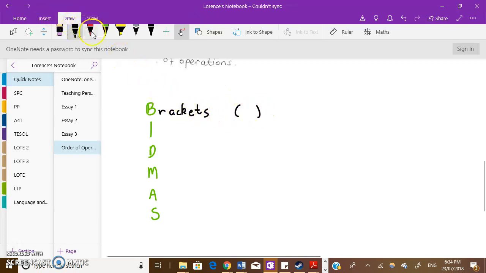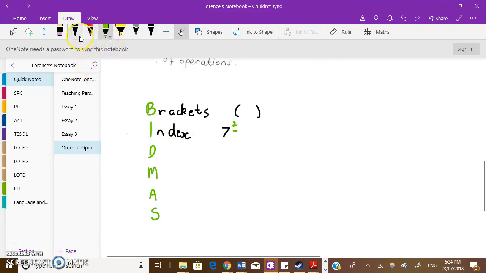Then the next one is index. So the index is, and I will show you here. Alright, index. Let's say you've got 7, and that 7 is to the power of 2. This little 2 is the index of this number.